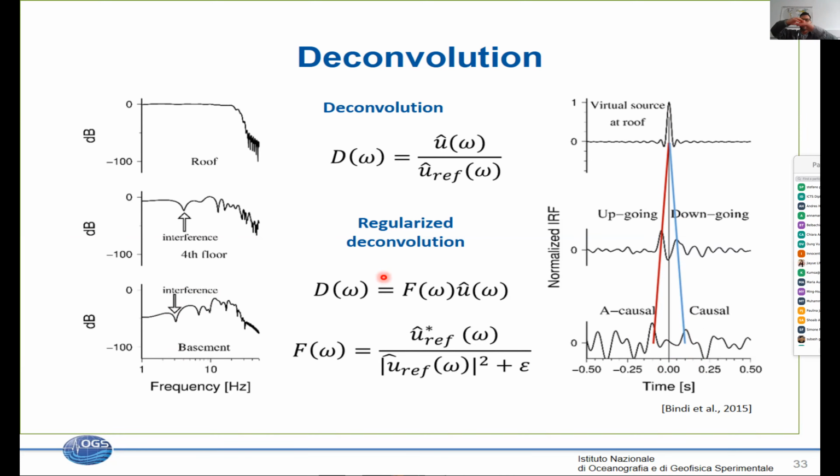When they interfere, they will generate at a certain particular frequency a zero in your amplitude. And the frequency at which this will happen will depend on depth, because this depends on the wavelength, which is different for different frequencies.